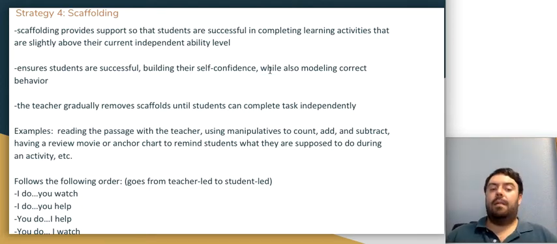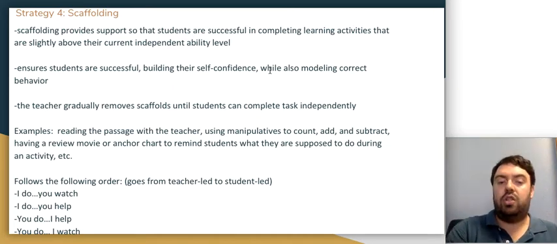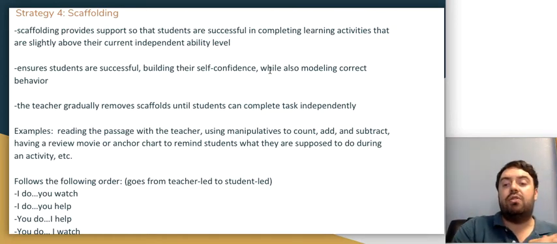Next, we have the I do, you help stage. As you can see, in the first stage, I do, you watch, the teacher is doing all of the instruction, so all of the control is focused on the teacher. It's teacher-centered.